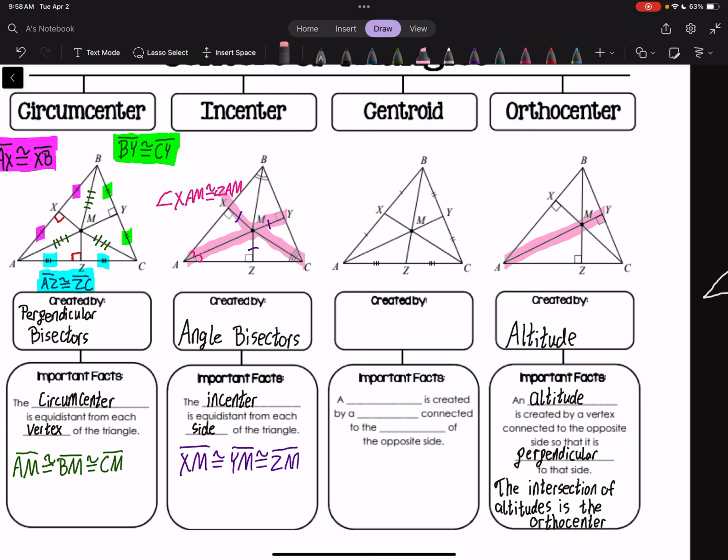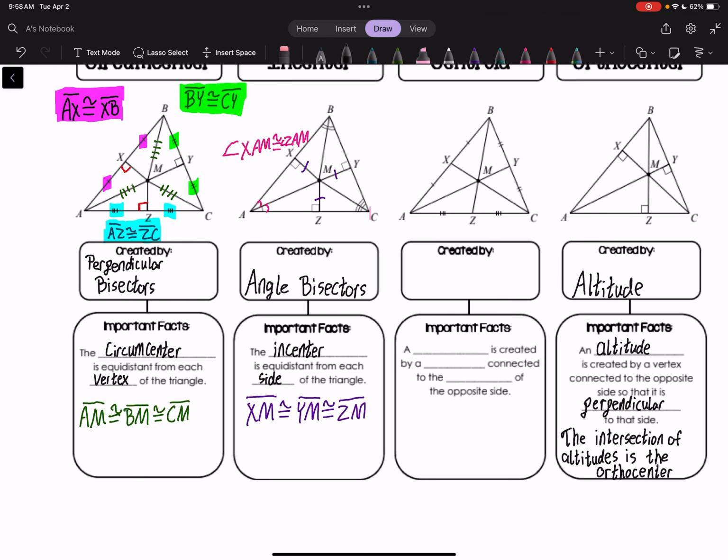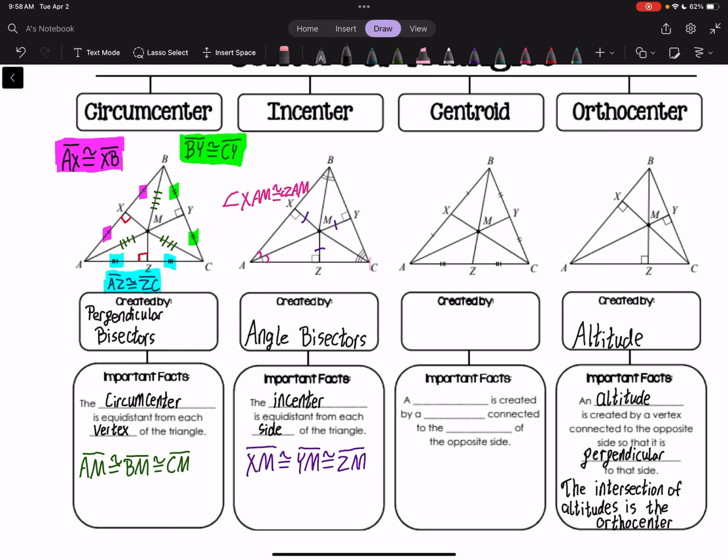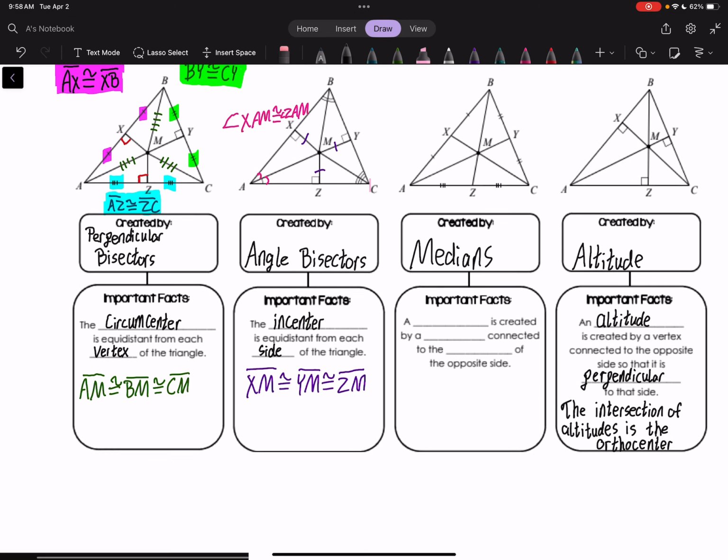Moving on to my final one, which is my centroid, and also one that has the most stuff you need to have knowledge on. Centroid is created by medians, meaning I'm taking each of my sides and finding the middle of it and connecting it to the opposite vertex.